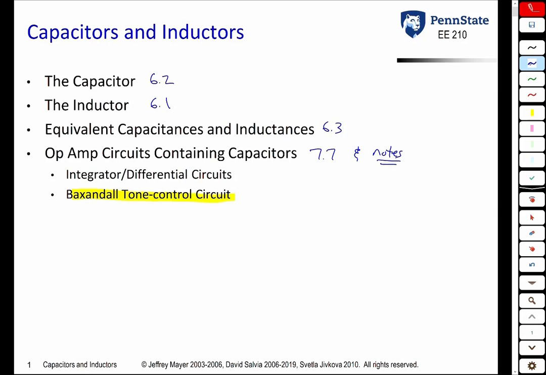When we added the op-amp circuit element, we greatly increased the number of circuits that we could build. For example, we could add two signals together, we could subtract signals from each other, or we could even amplify a signal. But one problem with all of these circuits that we've looked at so far is that they've all been frequency independent. By that I mean that whatever the circuit is doing, it does it to all the frequencies coming into the circuit.